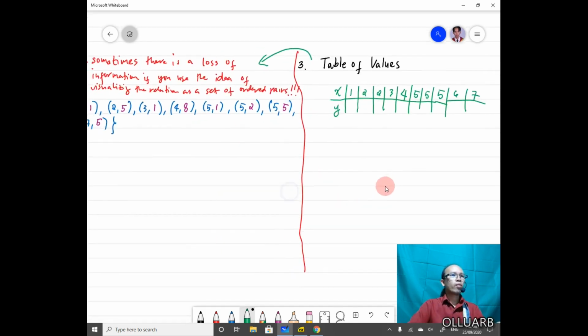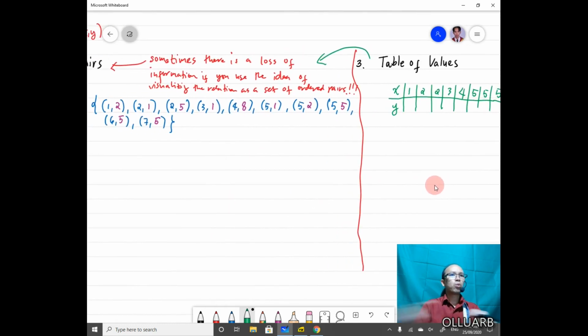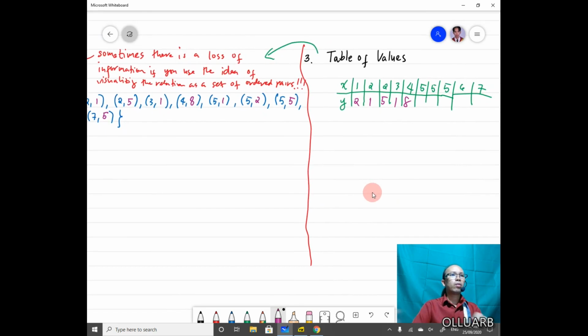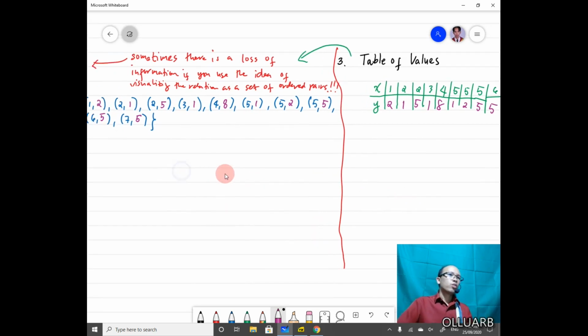Okay, so 1 is mapped to 2. Sorry, let's try another color. We have 2, 1, 5, 1, 8, 1, 2, 5, 5, 5.